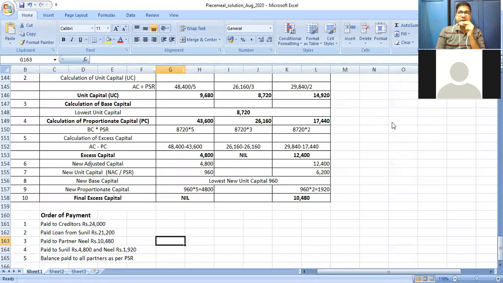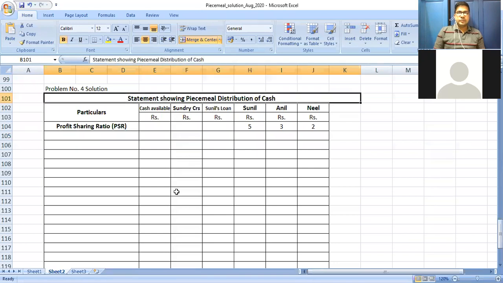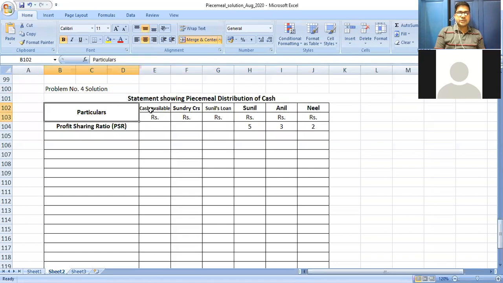Now friends, we are going to discuss the main part, that is the statement showing piecemeal distribution of the cash. For that purpose we will write on top the same thing: statement showing piecemeal distribution of the cash, particulars, cash available, sundry creditors, Sunil's loan, and the partners' names Sunil, Anil, Neil.